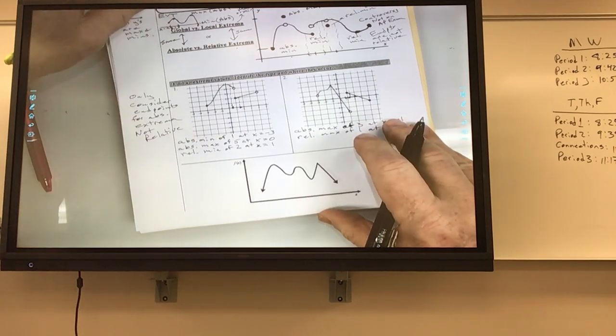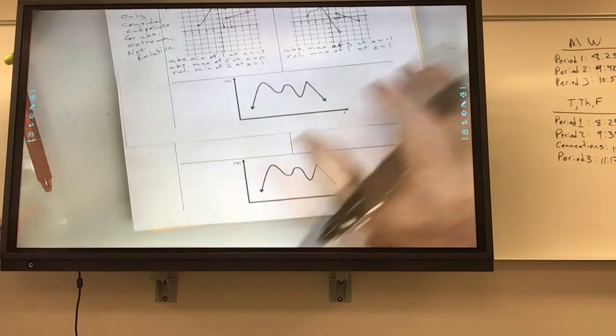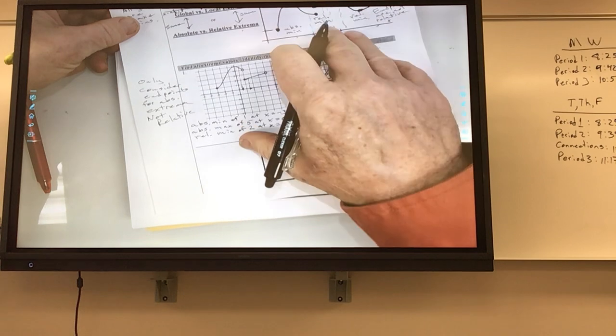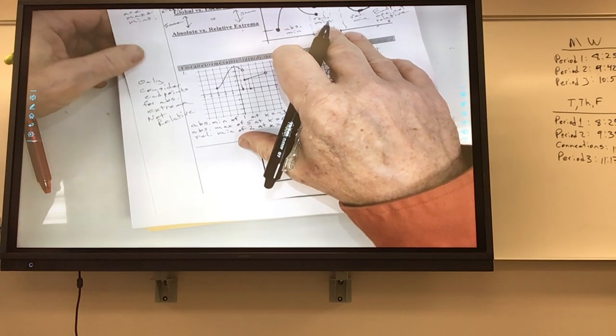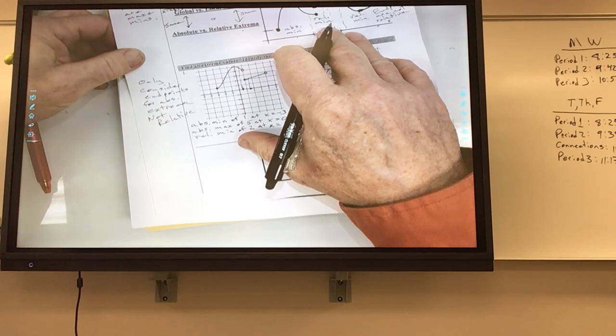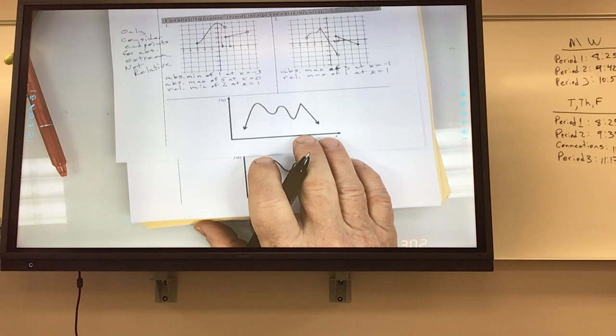Let's take a look at this beautiful graph right here. So this was all about looking at extrema, correct? And identifying extrema. We're gonna take a look at a way of how we can find those extrema. So right here, I have some turning around points. Would you agree?